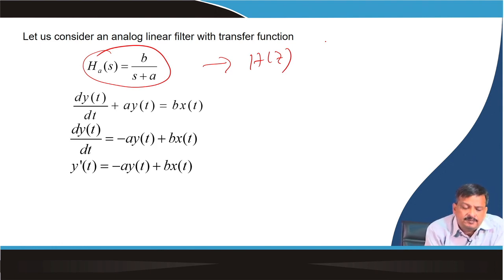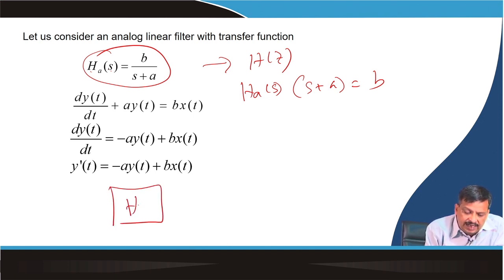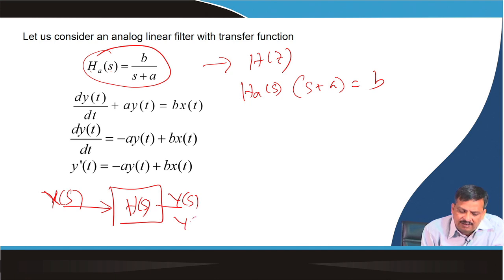So I can say H(s) into S plus A is equal to B. Now, if I have a system which has H(s) as its transfer function, and I apply X(s), I get Y(s). So Y(s) divided by X(s) is equal to H(s). So I can say Y(s) is equal to H(s) into X(s).